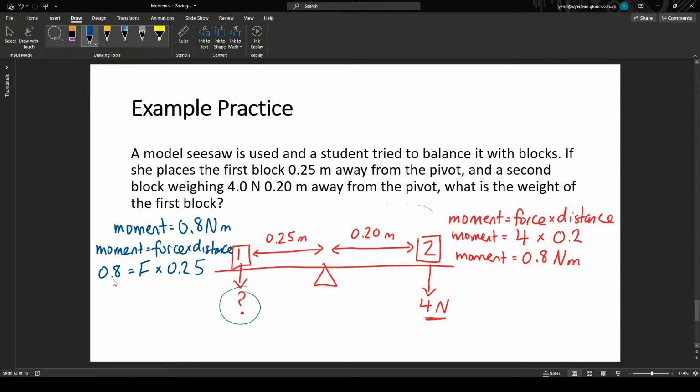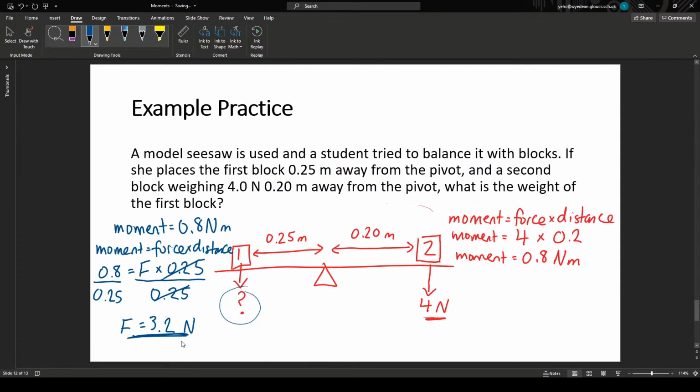Now all I'm doing is rearranging for F by doing the opposite, which is divide because it's times, and I do the same on both sides, and I'm left with F equals 0.8 divided by 0.25, which is 3.2 newtons. Those had cancelled. And that is my final answer. The weight of the first block had to have been 3.2 newtons if they were going to balance out.